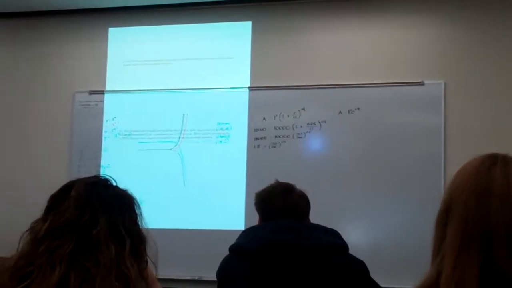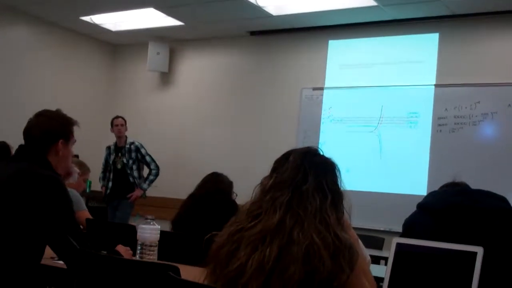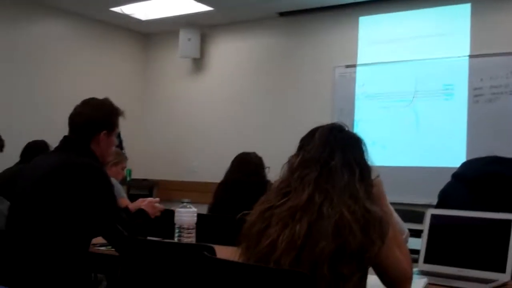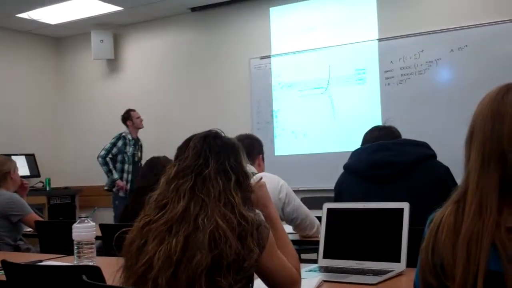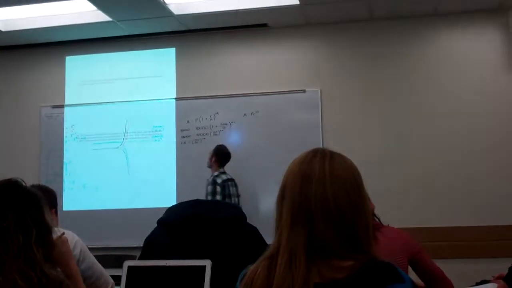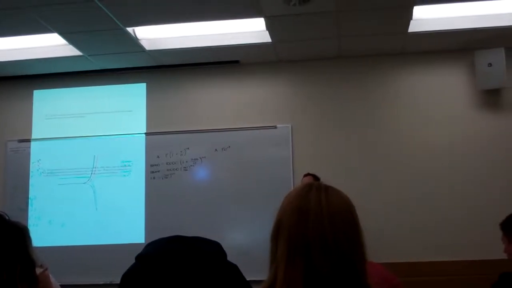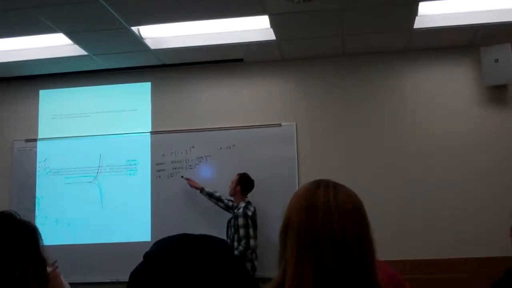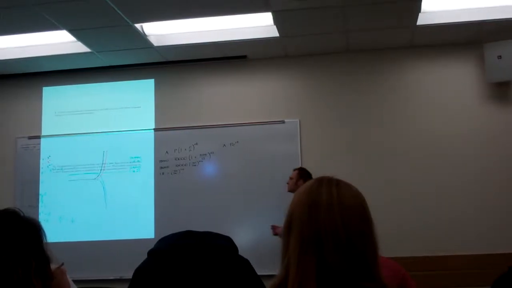Now I've got to get the t. It's up in the tree. What do we use to get things out of the tree? Logs. What's the base? 201 over 200. What's the exponent? 12t.